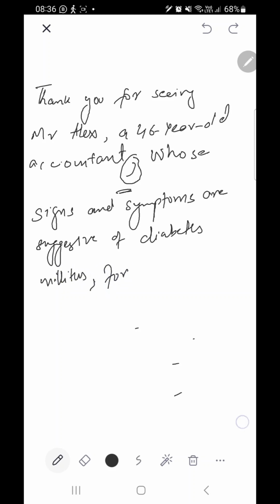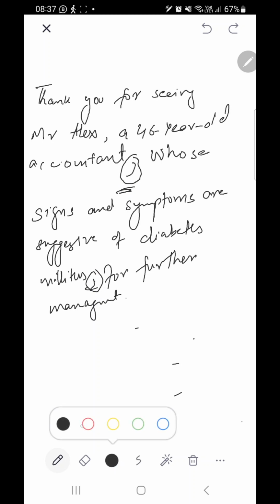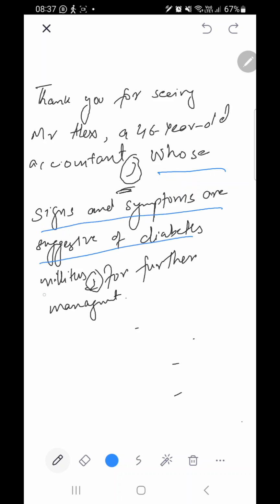For further management, let's say. So we can see that we have used these two commas because in this sentence, this relative clause, whose signs and symptoms are suggestive of diabetes mellitus, is basically a non-defining relative clause, which means that if I omit this clause, this will be a complete sentence, right?